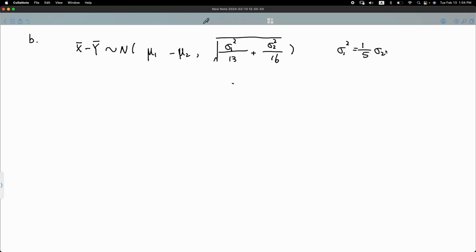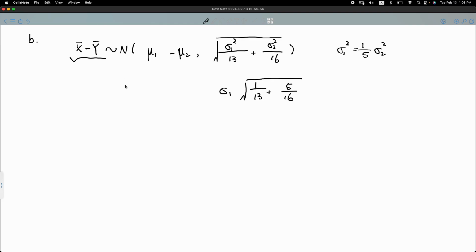I'm going to write this information here, and then let's plug in. So we can rewrite the variance as sigma 1 squared multiplied by 1 over 13 plus 5 over 16. That's one piece of information we can get regarding the difference of the averages.